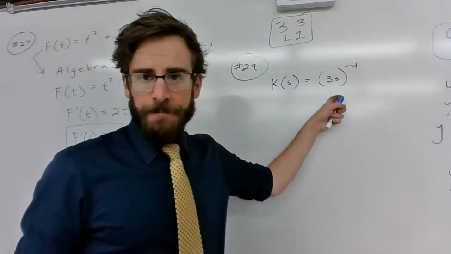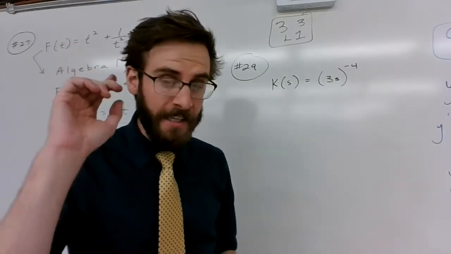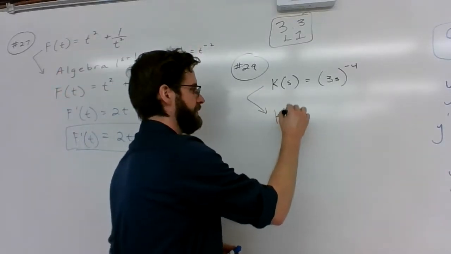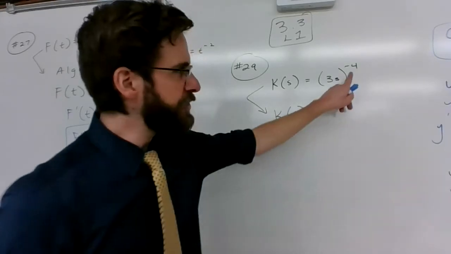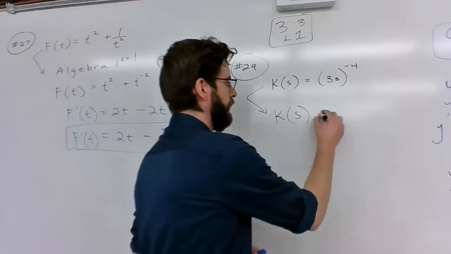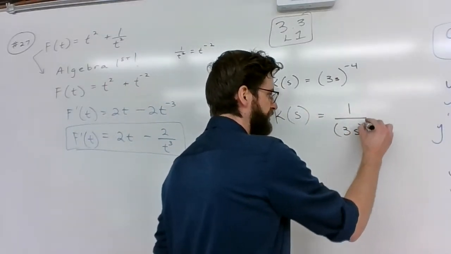All right, here's the thing. I can't multiply something by itself a negative number of times, but here's what I can do. I can rewrite. So instead of distributing the negative 4 to both parts, why don't we just call this 1 over 3s to the positive 4th power?